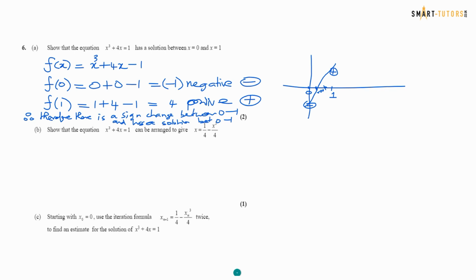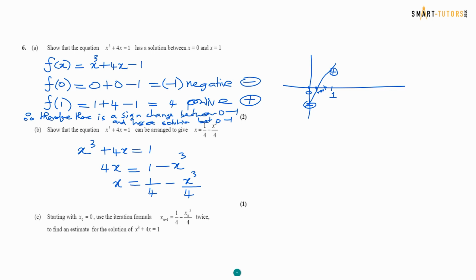Show that x cubed plus 4x equals 1 can be arranged to that form. So x cubed plus 4x equals 1. Take the x cubed to the other side: 4x equals 1 minus x cubed, divide by 4, so x equals 1 over 4 minus x cubed over 4.